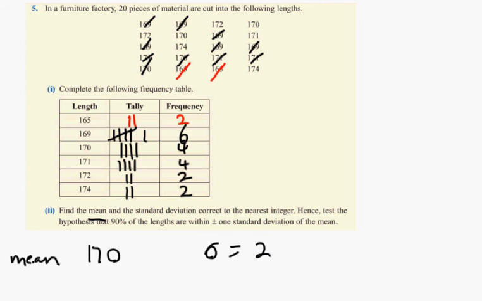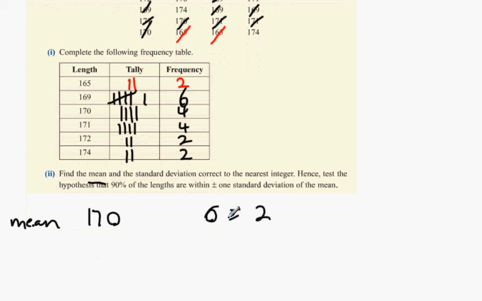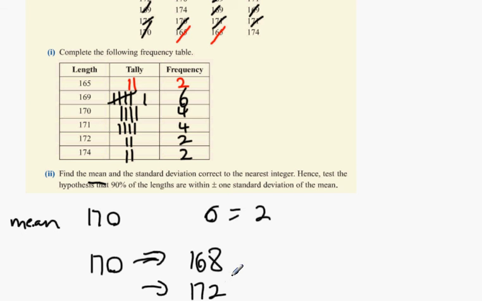Now what you do next, lads, is it says, hence test the hypothesis that 90% of the lengths are within plus or minus 1 standard deviation of the mean. What score is minus 1 standard deviation? 168. What score is plus 1 standard deviation? 172. You want to find out how many people score between 168 and 172.